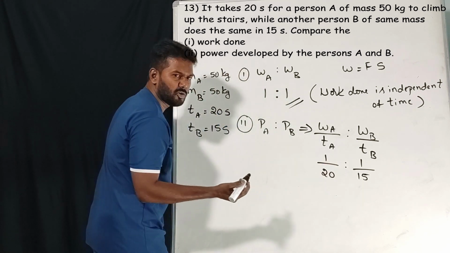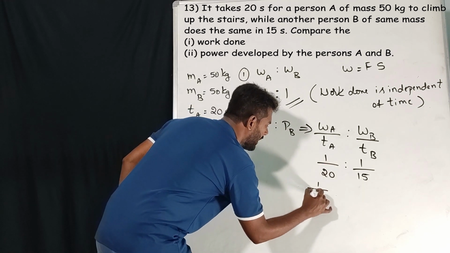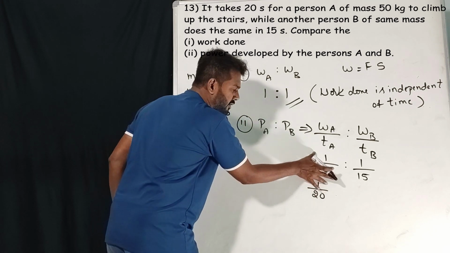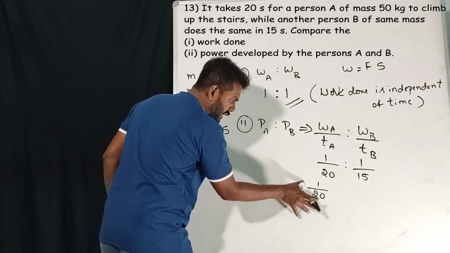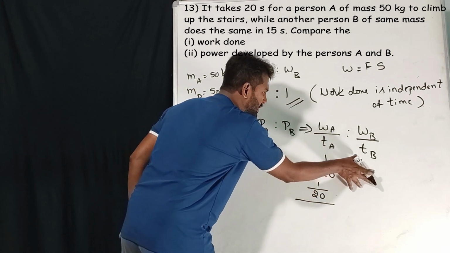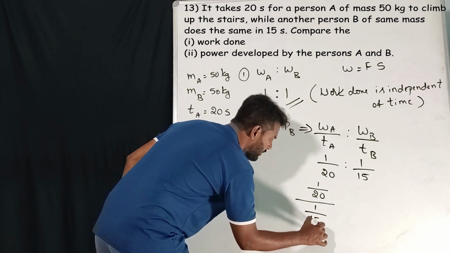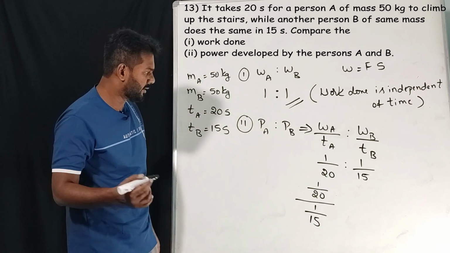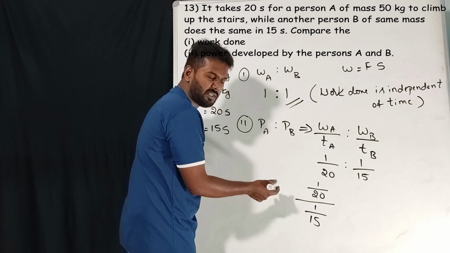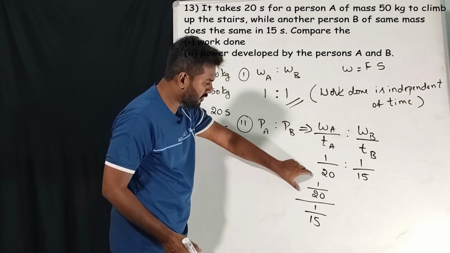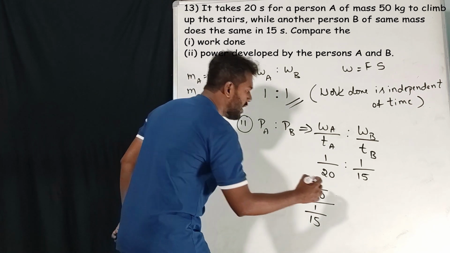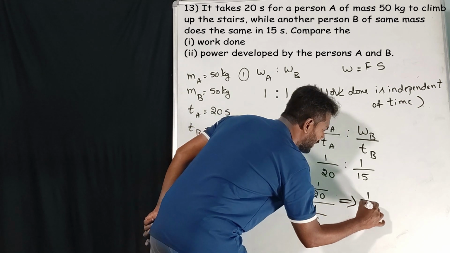What do you mean by ratio? Ratio means 1/20, okay, whatever the value you have first, that you write it as it is, divided by the second value, 1/15. So that is the meaning of ratio, right? So once you have two fractions, one fraction divided by one more fraction, you can write this as 1/20.